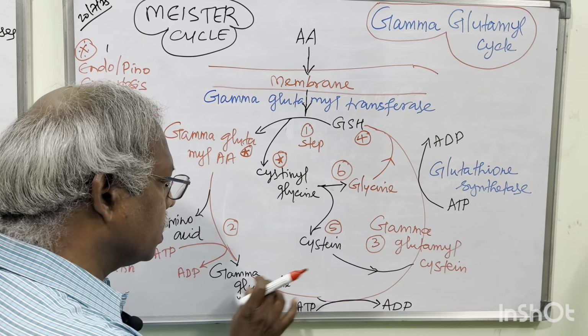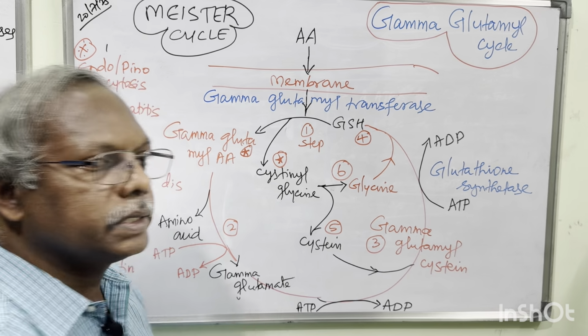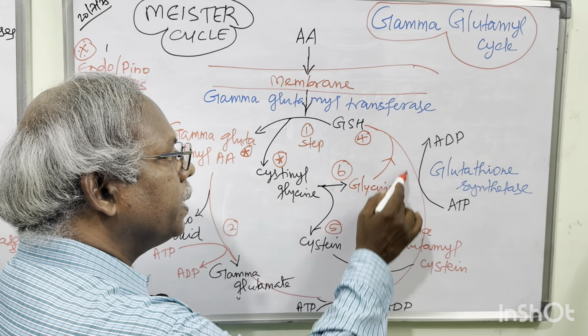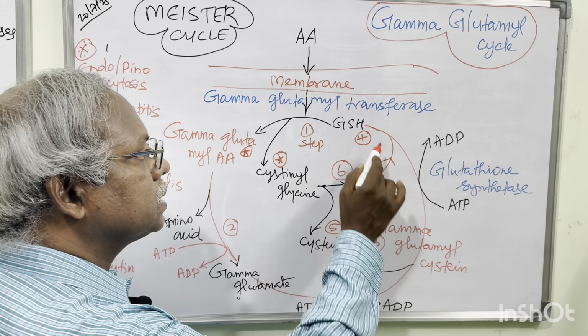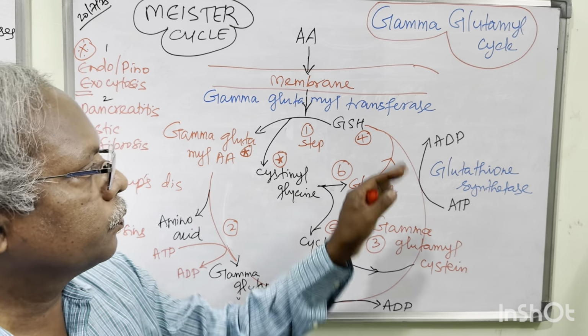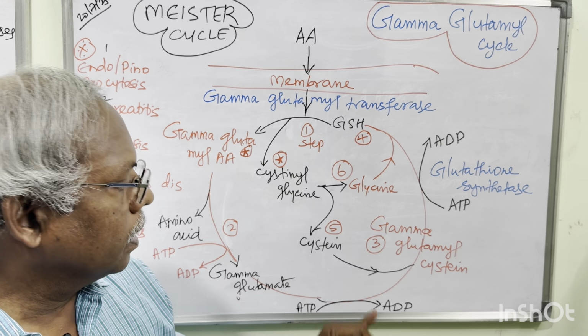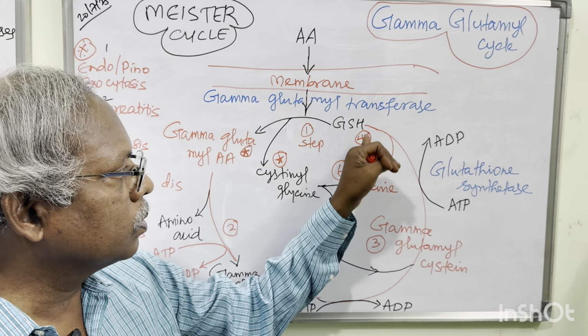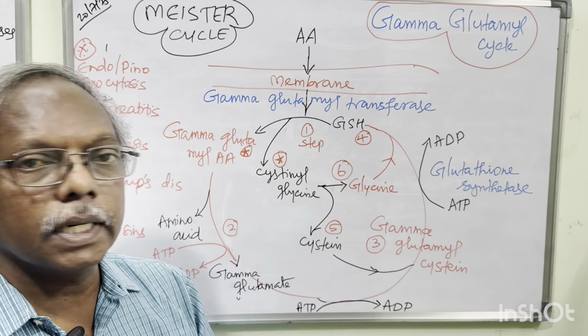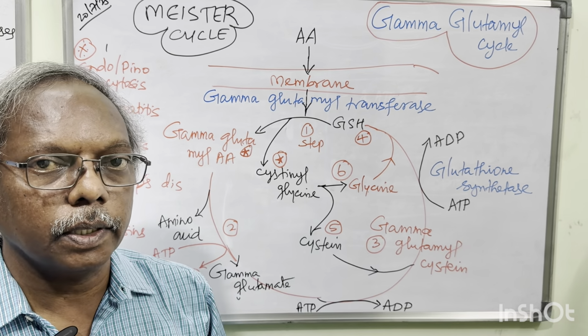Whereas this glycine combines with this gamma glutamyl cysteine and produces glutathione. That is why the full name of glutathione is gamma glutamyl cysteine glycine.